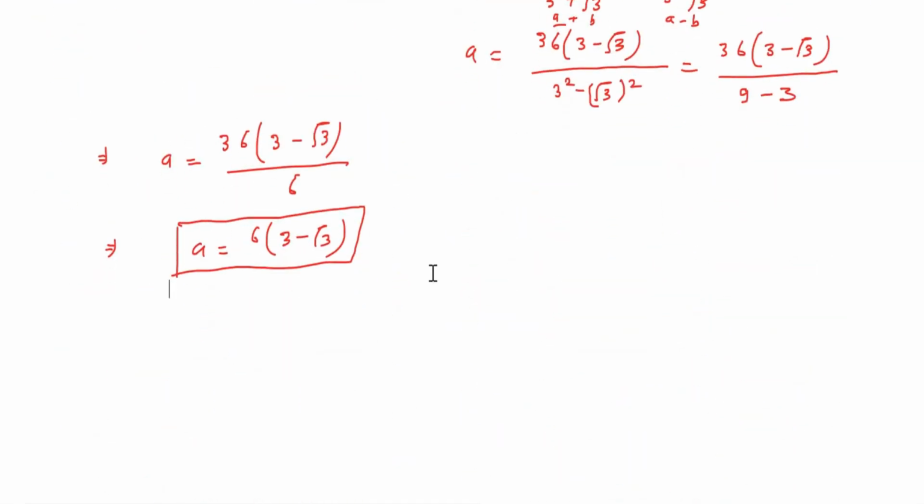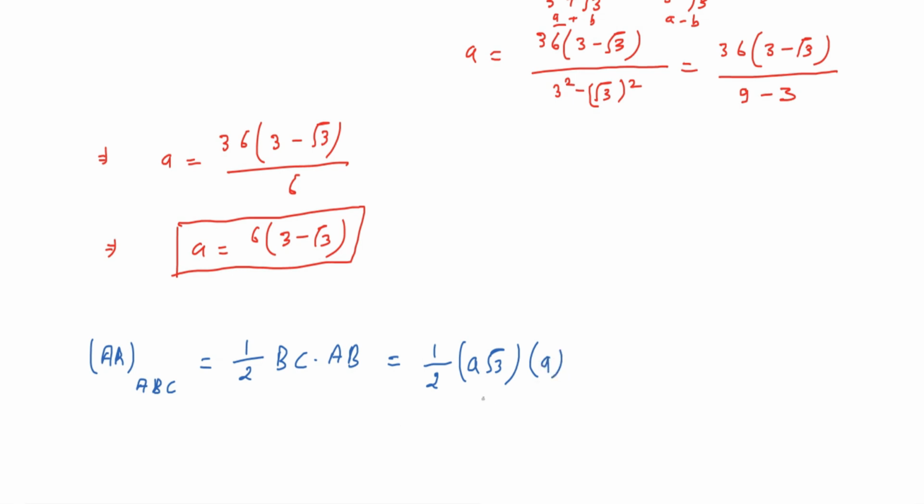So if we put all the values in this equation, we will have 1 by 2 times BC, that is a square root of 3, and AB, that is a. So after simplifying this, we will have square root of 3 divided by 2 times a square.